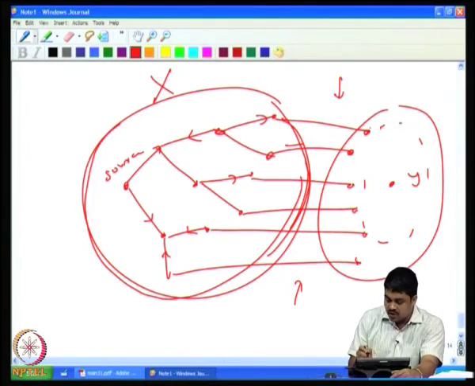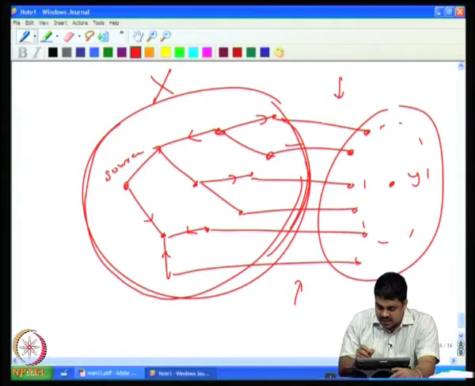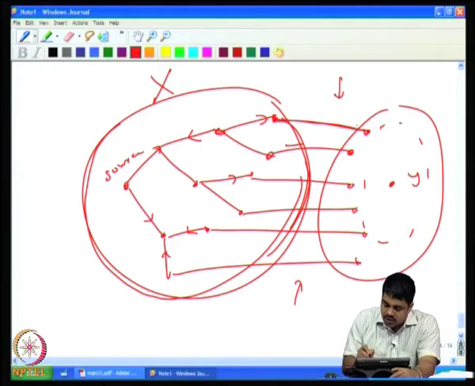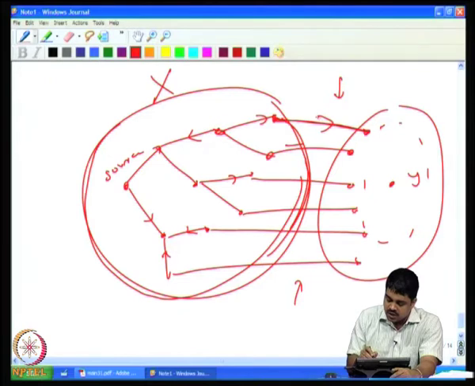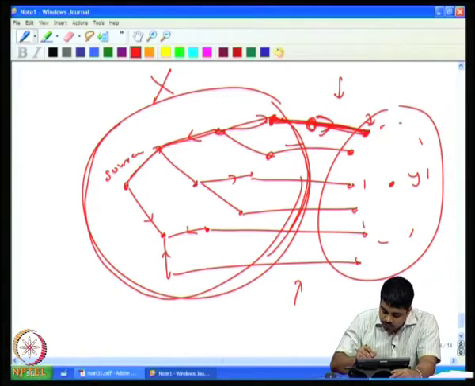Why is it so? When you inspect the forward edges, why can't I go forward from somewhere here? Because there is a forward edge, and I can reach up to here by an unsaturated path. Why can't you go here and capture this vertex also? That is because the capacity of this edge is equal to the flow value on this edge.